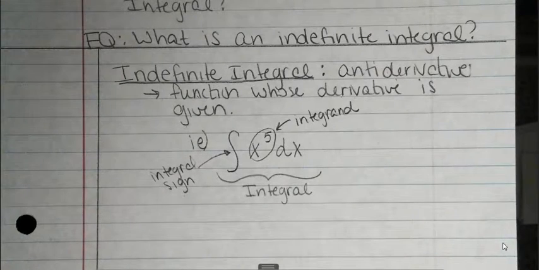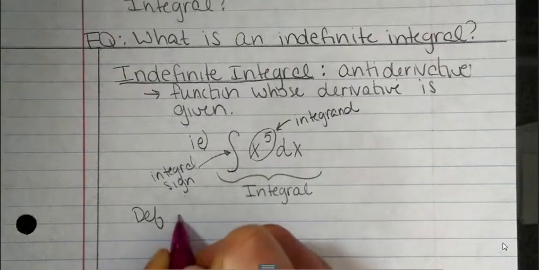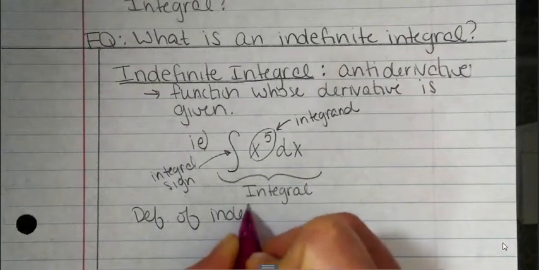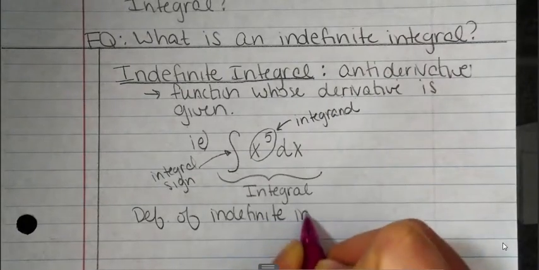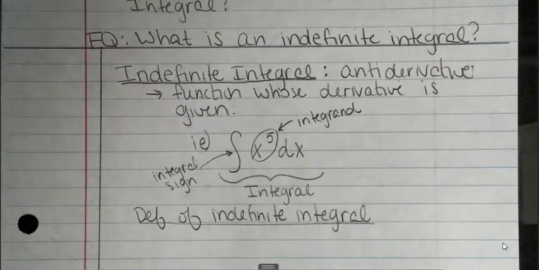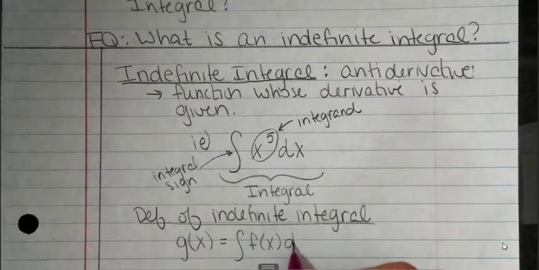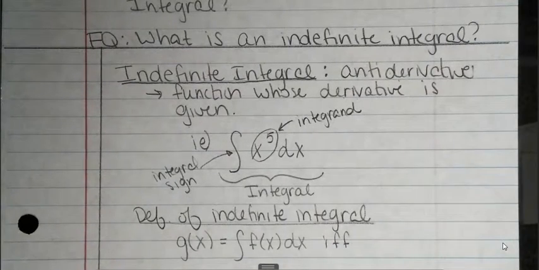All right, so an actual indefinite integral, the actual definition, looks like this. The function g of x is equal to the integral of some other function f of x dx if and only if, basically if you took the derivative of g, then you'd get back to the original f.